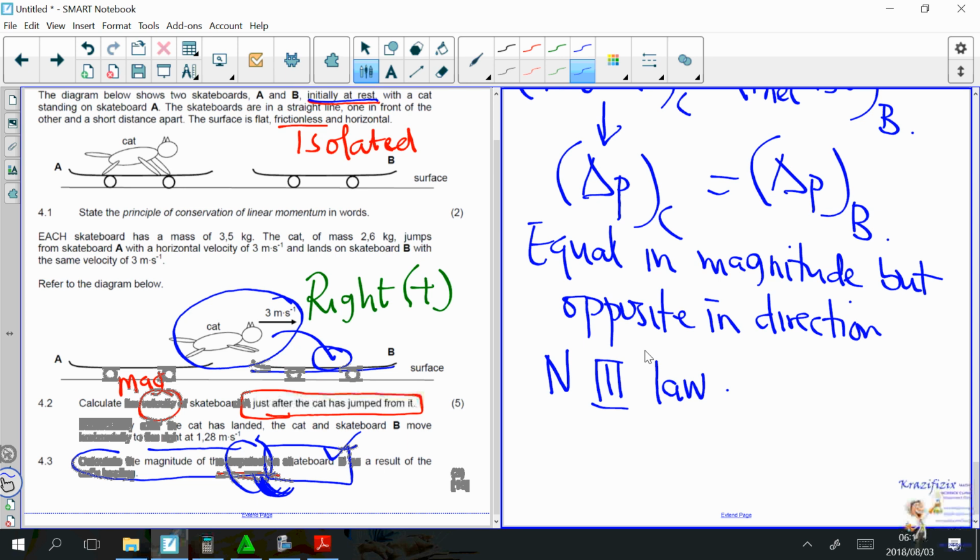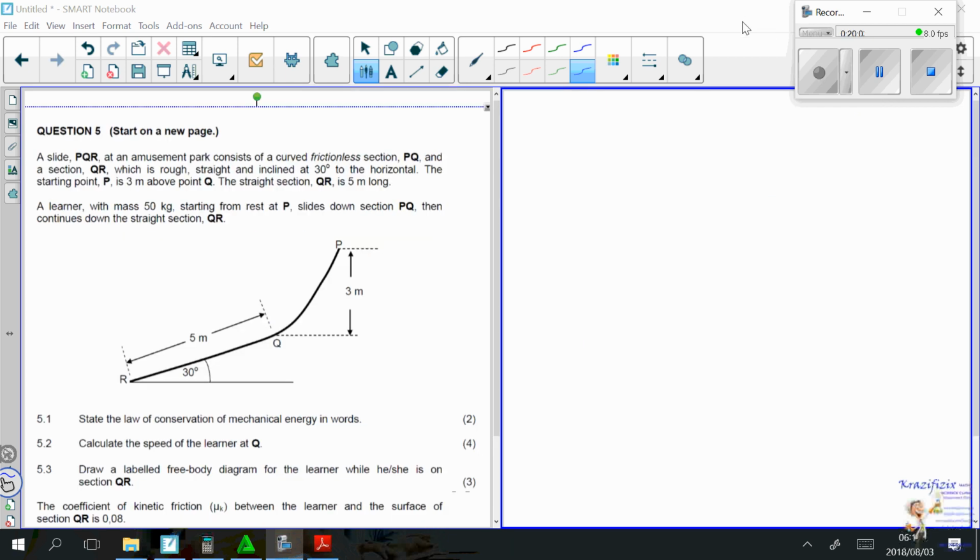Okay. Now let's move to question number 5. I'm sure a lot of learners are waiting for this: work, energy, and power. Question number 5.